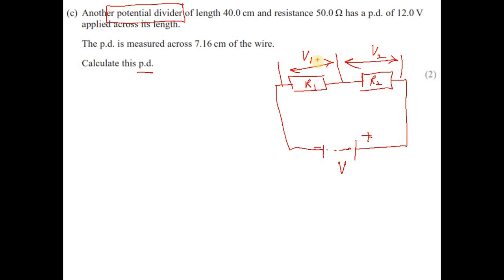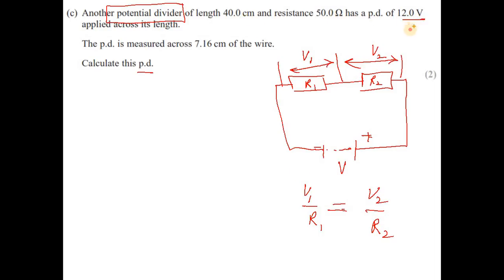And for a potential divider, we have one most important relation between voltages and the resistances. That means you can say V1 upon R1, the ratio between voltage and the resistance, is the same as the voltage of the second resistance, or you can say R1 upon R2 equal to V1 upon V2. There are different ways to look at this.